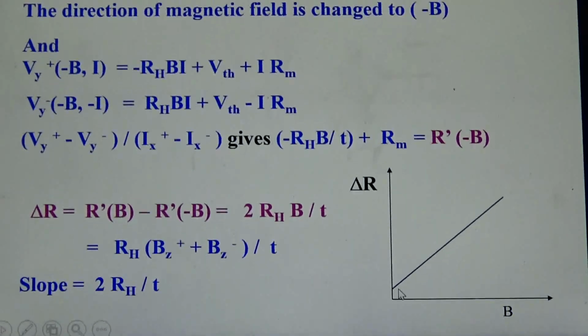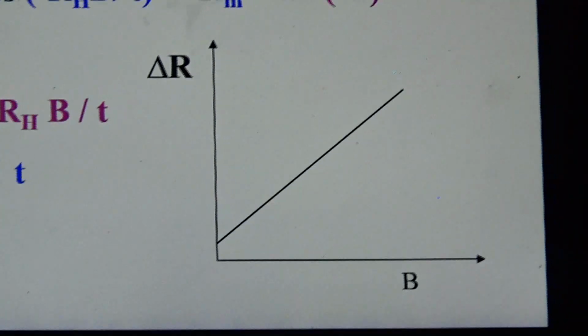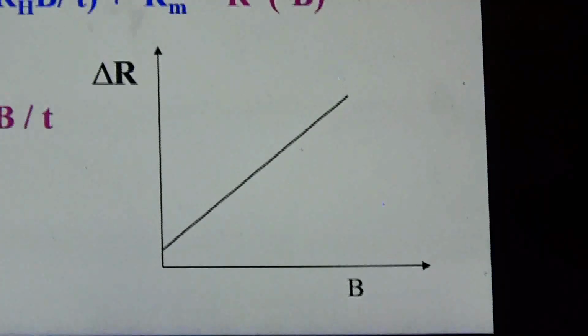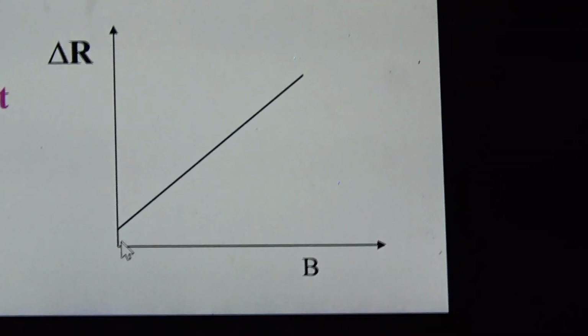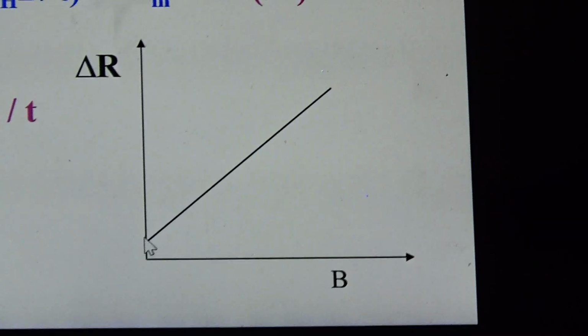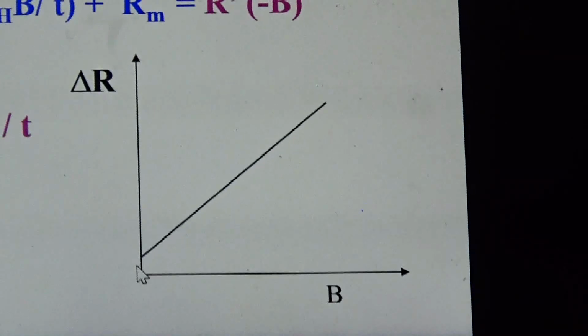And you may ask why this is not going through the origin. In principle, when B is equal to 0, there should not be any Hall voltage, because there is no Hall effect. The Hall effect will arise only when you have transverse electric and magnetic fields. So when B is equal to 0, it should pass through the origin. The fact that it is not passing through the origin arises purely because of the offset voltage that I described earlier.